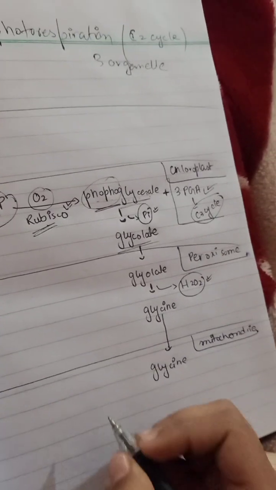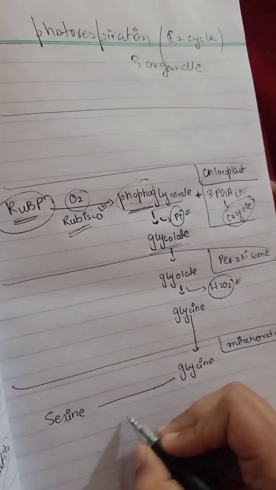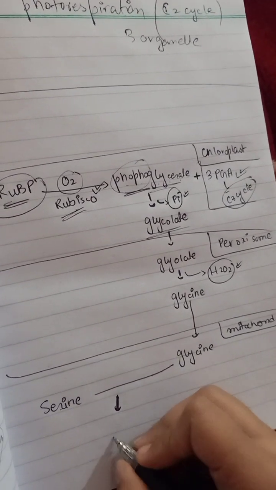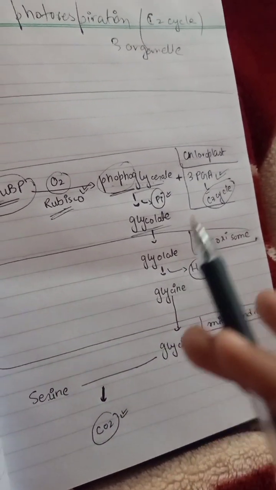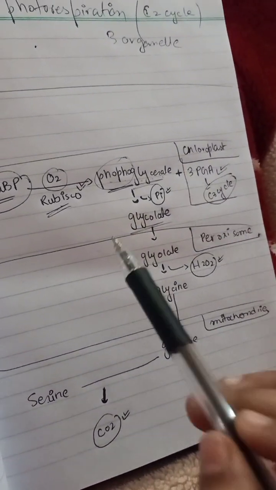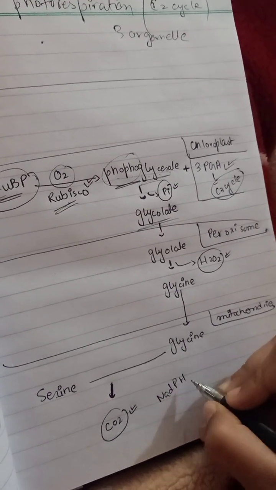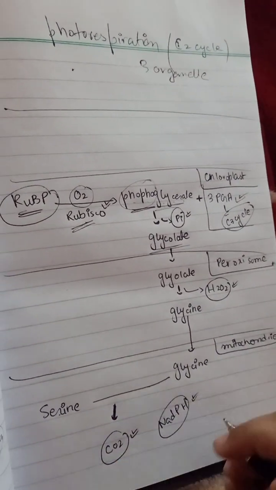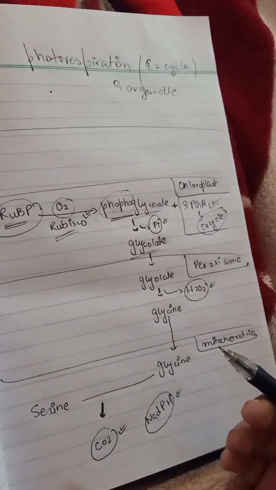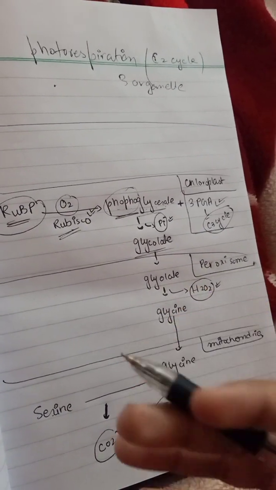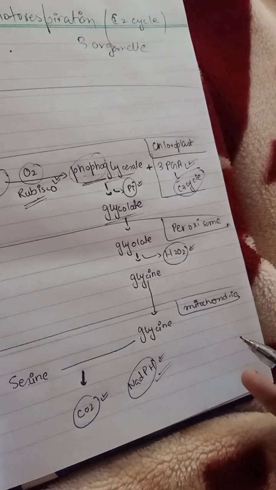In the mitochondria, this glycine will convert into serine. When the glycine converts into serine, carbon dioxide is released in the mitochondria. As I told you, in photorespiration carbon dioxide is released, and NADH will be formed. You might ask whether there is no formation of ATP or NADPH.